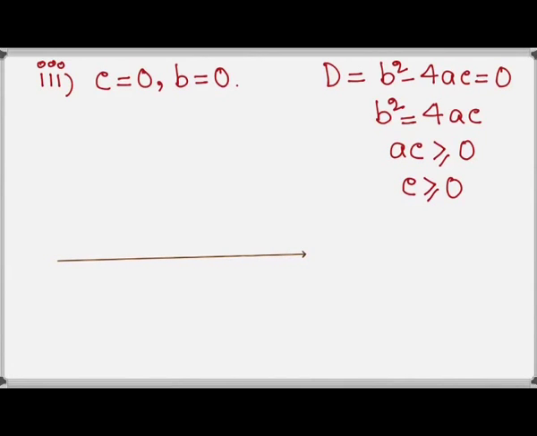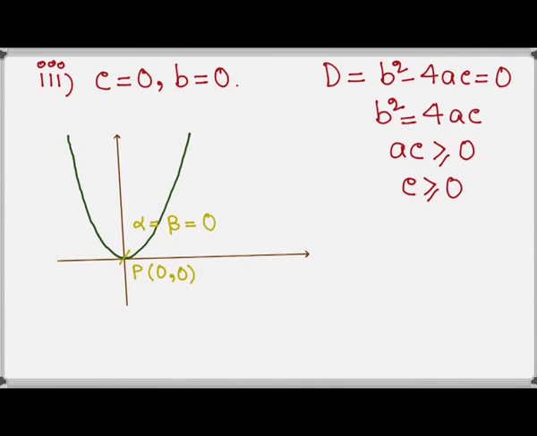Now this is our x-axis and this is the y-axis, and here the parabola is like this. So this is the vertex P, which has coordinates 0, 0, and so alpha is equal to beta is equal to 0. So in this case we see that the solutions are always real and they are equal.